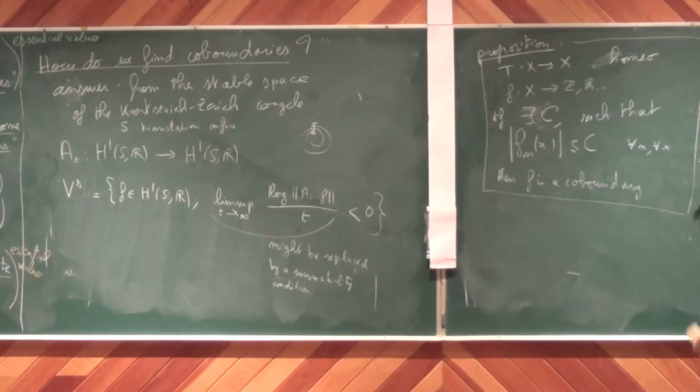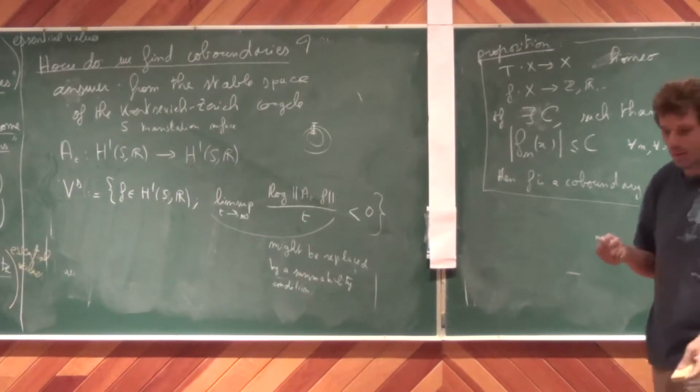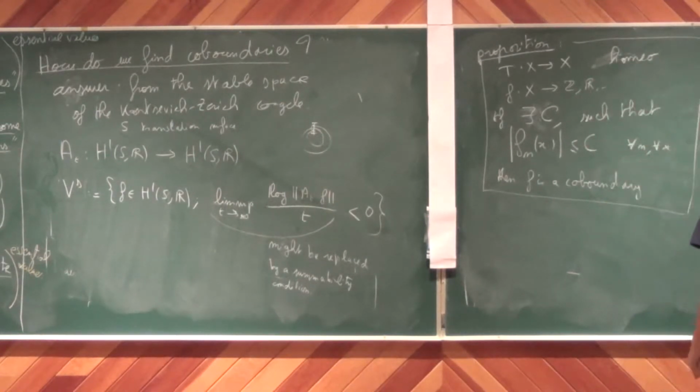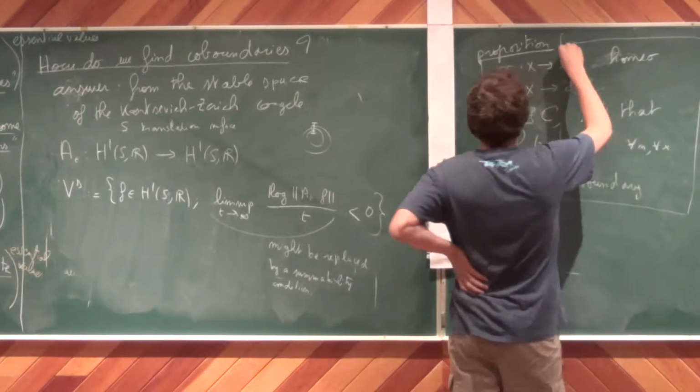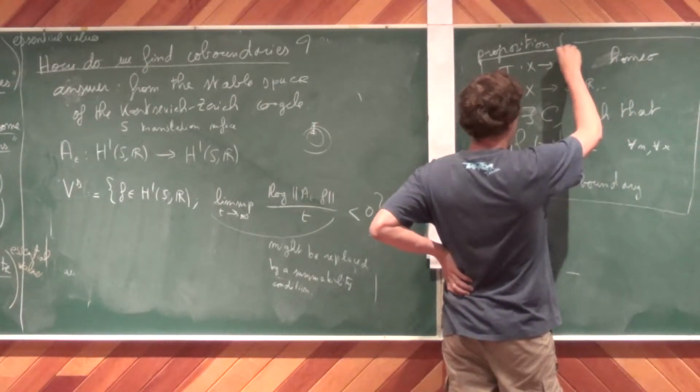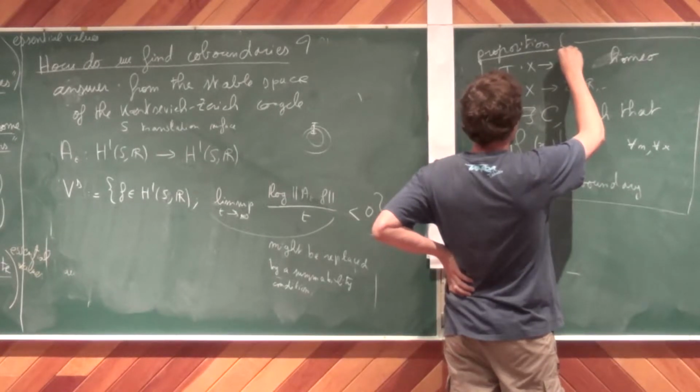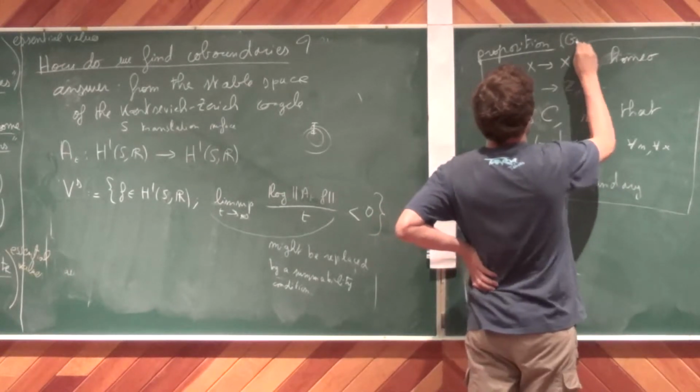You want minimality. If you have minimality, you can assume it for one point. If T is the identity, the function can only be zero.